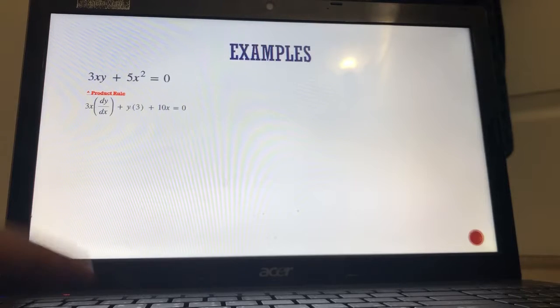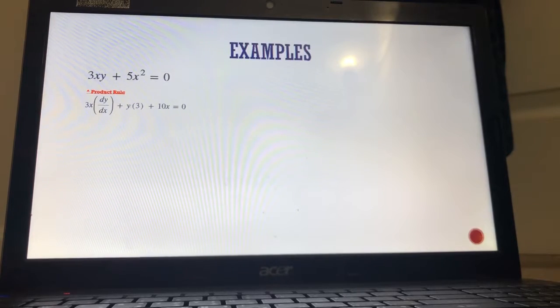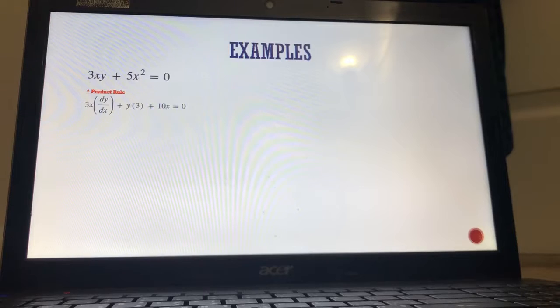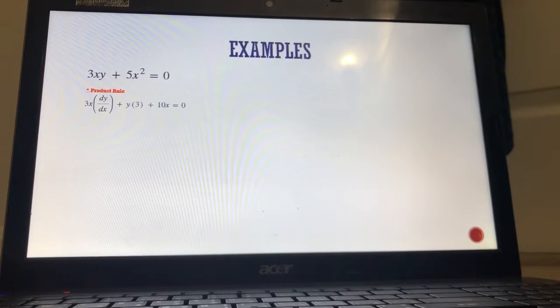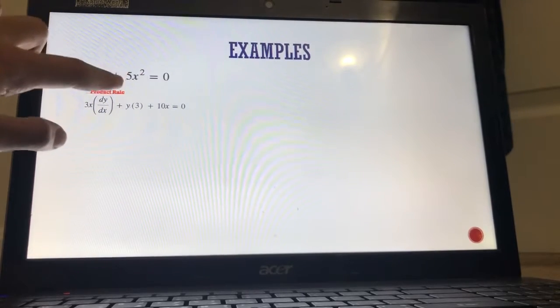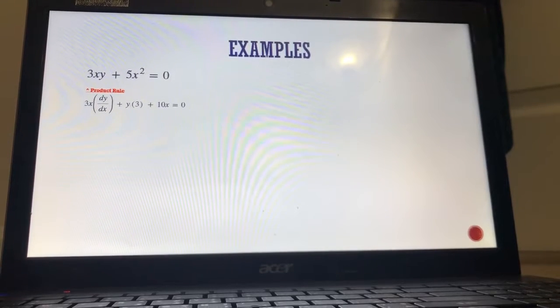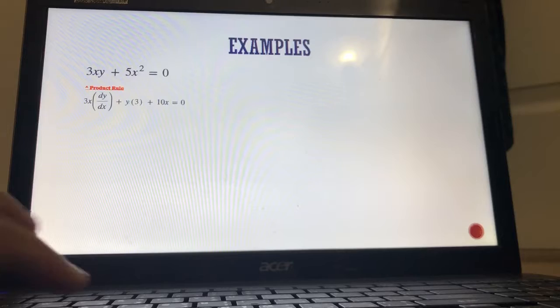So we're going to do 3x times the derivative of y, which is dy/dx since it's the second variable, plus y times 3, which is the derivative of 3x. And then the derivative of 5x squared would be 10x, because you multiply 2 by the 5 in the front, which gives you 10, and then you subtract 1 from the power, which gives you x to the first power, which is x, equal to 0.